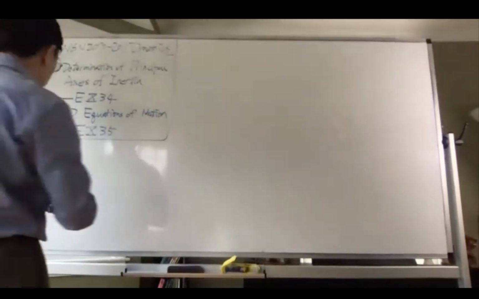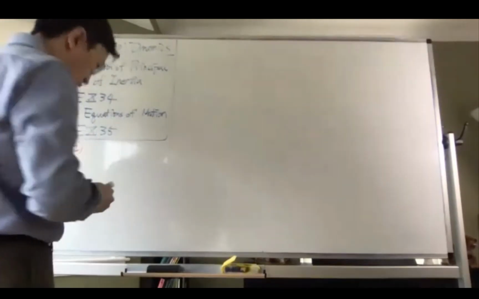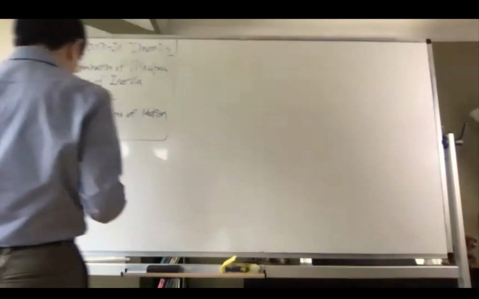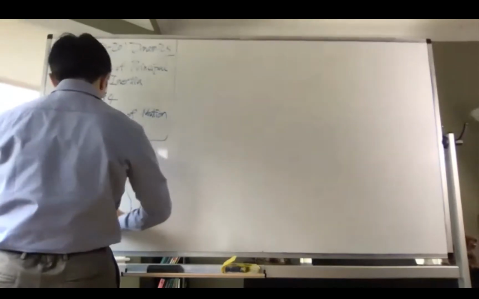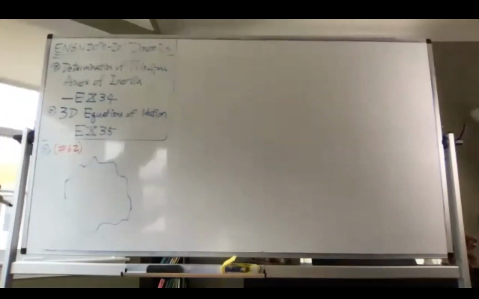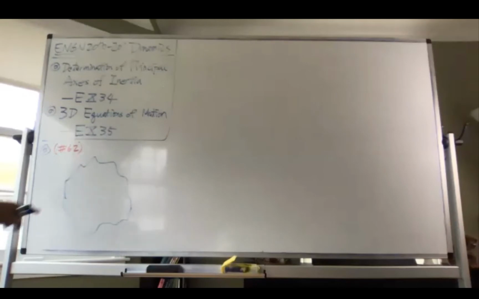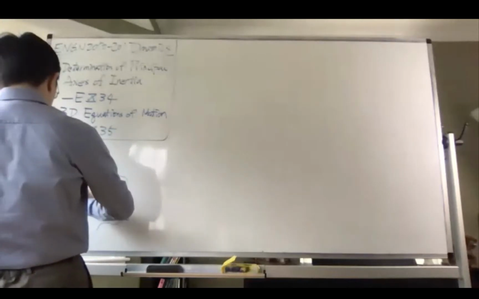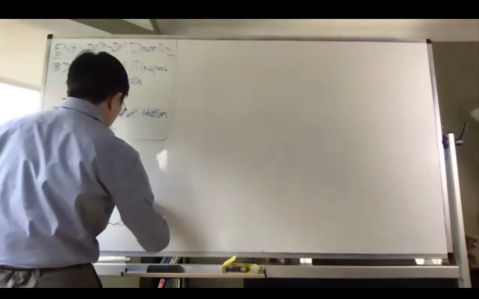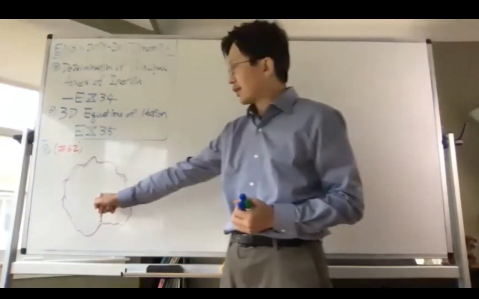We have been trying to determine mass moments of inertia and mass products of inertia. Why are we doing that? Because in general, any object, if we cannot determine its principal axis of inertia, and you have this three-dimensional object defined in a three-dimensional space, which means you cannot really see what's the principal axis.